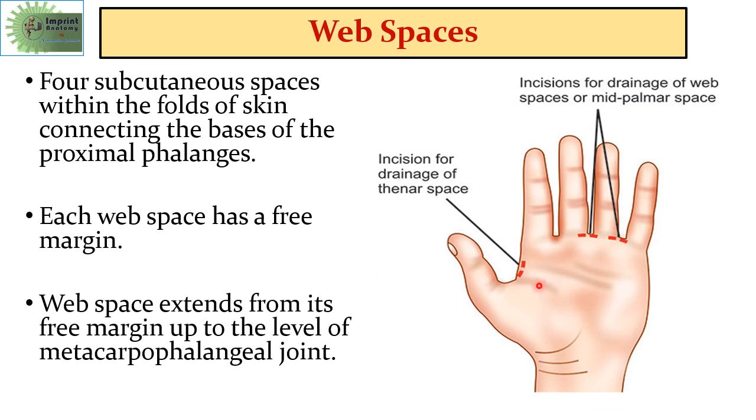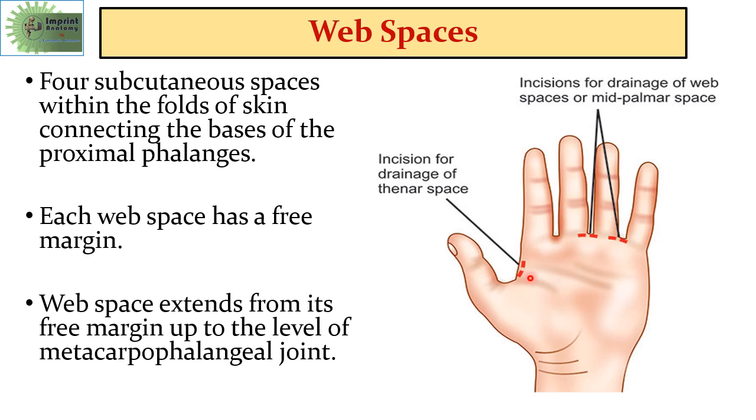You can see here, as we have seen, the web spaces, which are subcutaneous spaces within the fold of skin connecting the bases of the proximal phalanges. In simple words, I can say a space between two fingers or between the thumb and the index finger. So these are the web spaces.